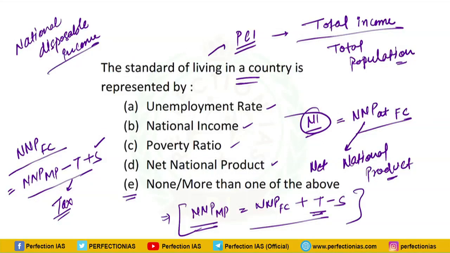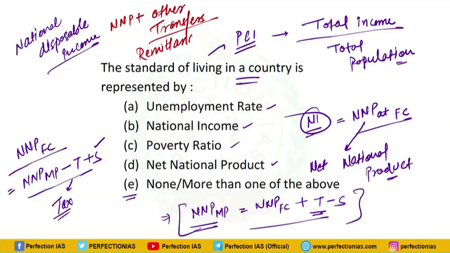It will be the sum total of NNP plus other unilateral transfers, such as remittances, gifts, or donations.